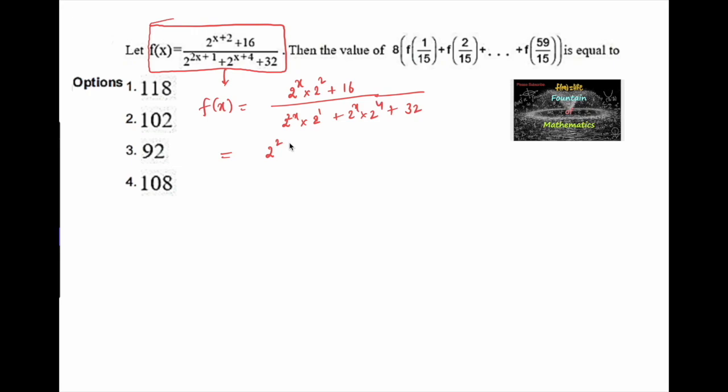So 2 square taken common, that is 4. So 4 times 2 power x plus 4 divided by, and here 2 is taken common. So we can write 2 power 2x as 2 power x whole square. And here we can write 2 into 2 power x into 2 power 3 will be there, so we can write 2 square. Plus again 32, 2 is taken common, so 16 will be there, so we can write 4 square.